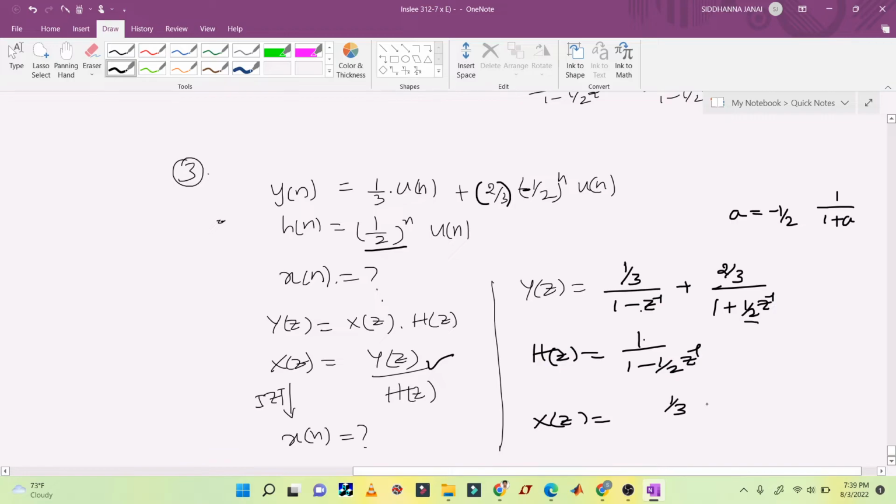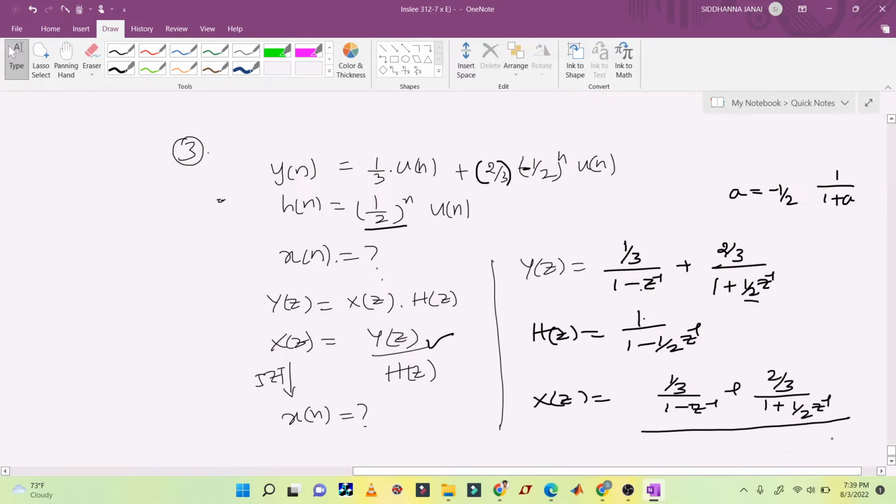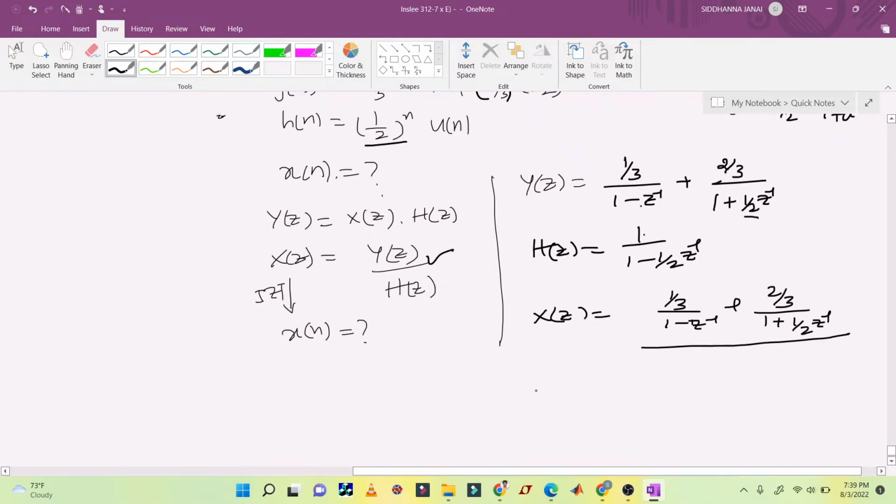So 1 by 3 over 1 minus z inverse plus 2 by 3 over 1 plus 1 by 2 z inverse, divided by 1 divided by 1 minus 1 by 2 z inverse. So this is x of z.